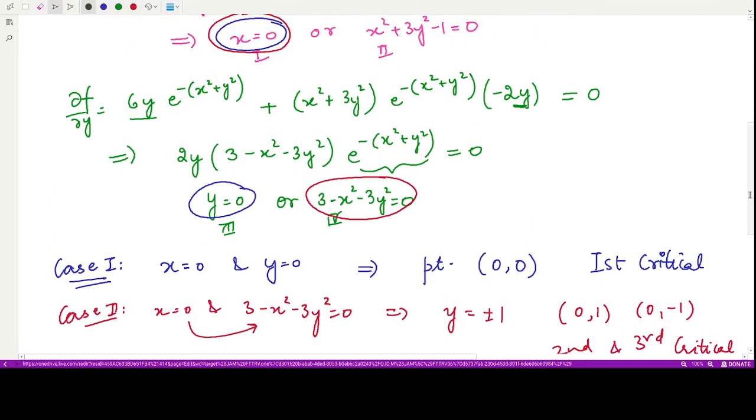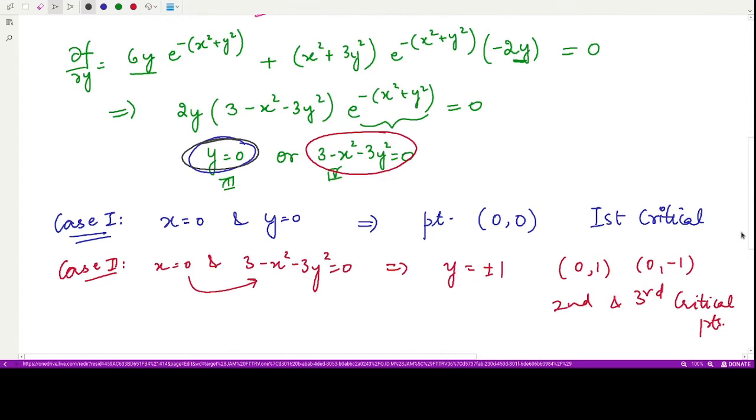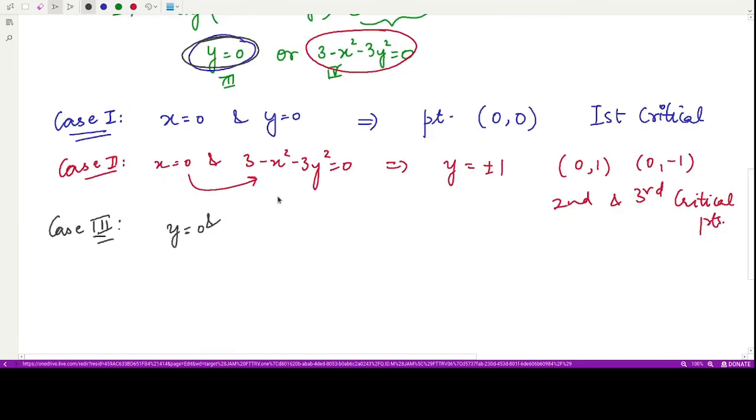Next, you can also take the second term for x and the first term for y. So in case number 3, you have y is 0 and x square plus 3y square minus 1 is equal to 0.